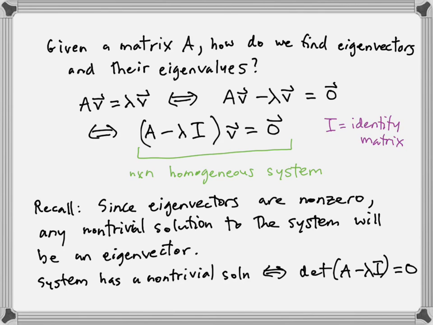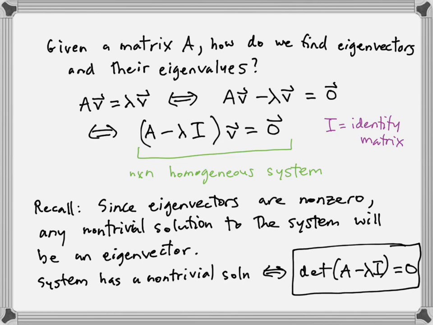Right? As soon as you have a determinant of 0, we know that the system has no unique solution. It has to have infinitely many, and those are the ones that we care about. This is the most important thing you have to remember from this section. This is the key to finding eigenvectors, is this equation I just boxed.